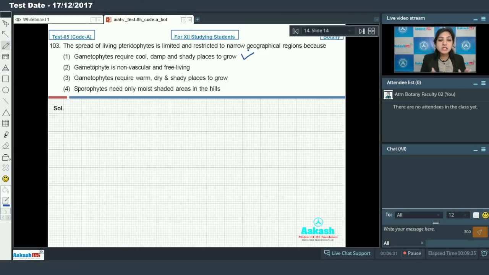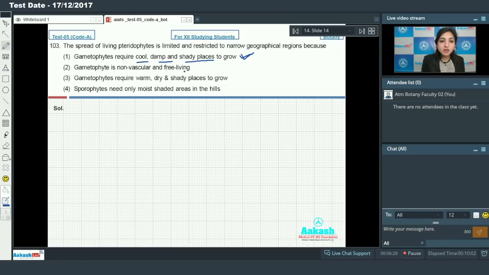Their spread is limited and restricted to some narrow geographical regions because their gametophytes need cool, damp and shady places. Where these conditions are not present, the gametophyte will not grow. As a result, pteridophyte cannot spread all over. So therefore, its spread is limited. Okay, so this is correct.